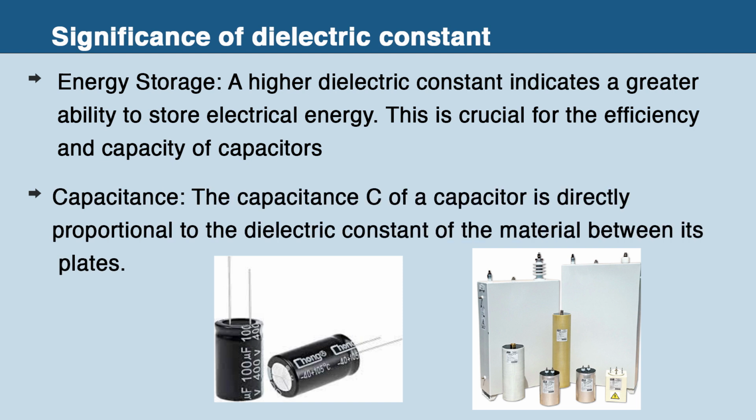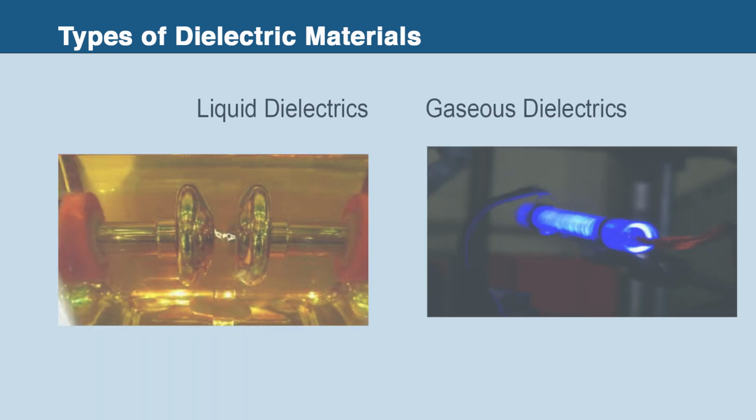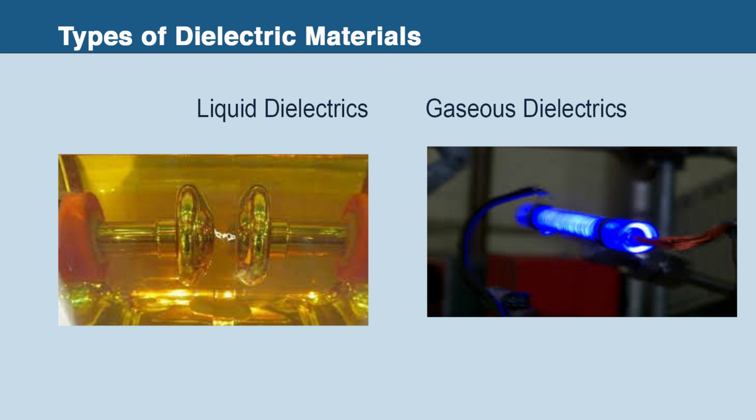And the second one is the capacitance. The capacitance of a capacitor is directly proportional to the dielectric constant of the material between its plates. Types of dielectric material: solid dielectric, liquid dielectric and gaseous dielectric.